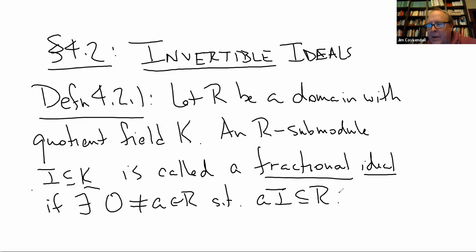And the fractional part is a finiteness condition, because what it says is there's a magic non-zero a that blasts I back into R. What that means is you can find a common denominator for everything in I. I consists of a number of fractions, right? And there is a magic denominator a that you can use for all the fractions. So that is, everything in I can be written in the form r over a fixed a. This is a fairly strong finiteness condition on such a submodule. And this is the first step we need toward moving toward invertible ideals. And we will talk about this next time.